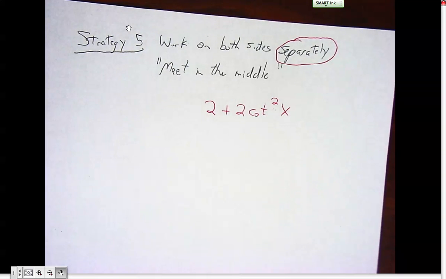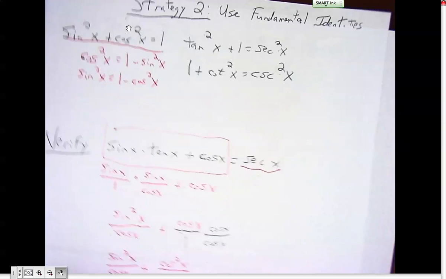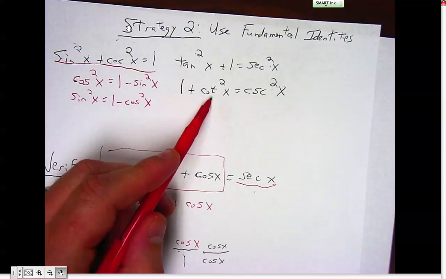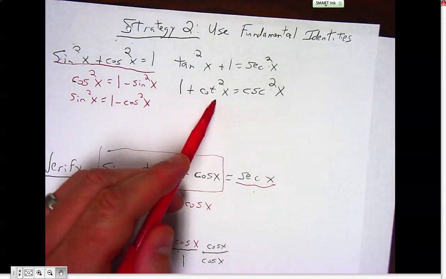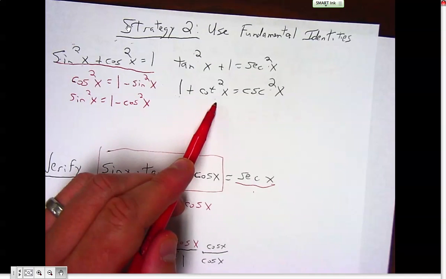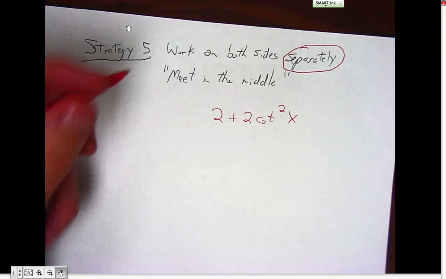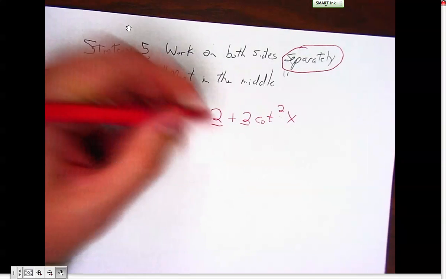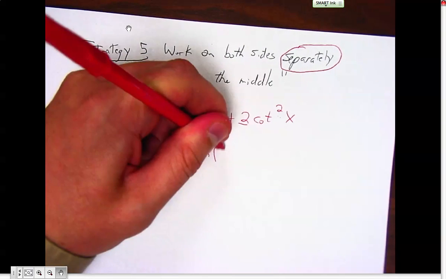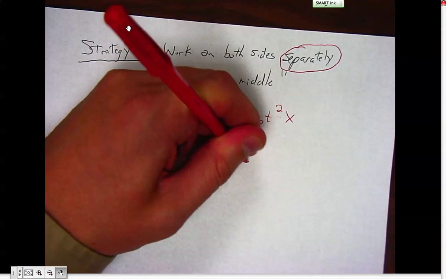So one more time, I'd like to use the trig identity, the Pythagorean identity. The problem with this trig identity is that it doesn't have a 2 in it, right? So it looks promising, but I have a 2 that I don't want. So the little trick to this one is these both have 2's. So I'm going to pull the 2 out in front, the distributive property in reverse.